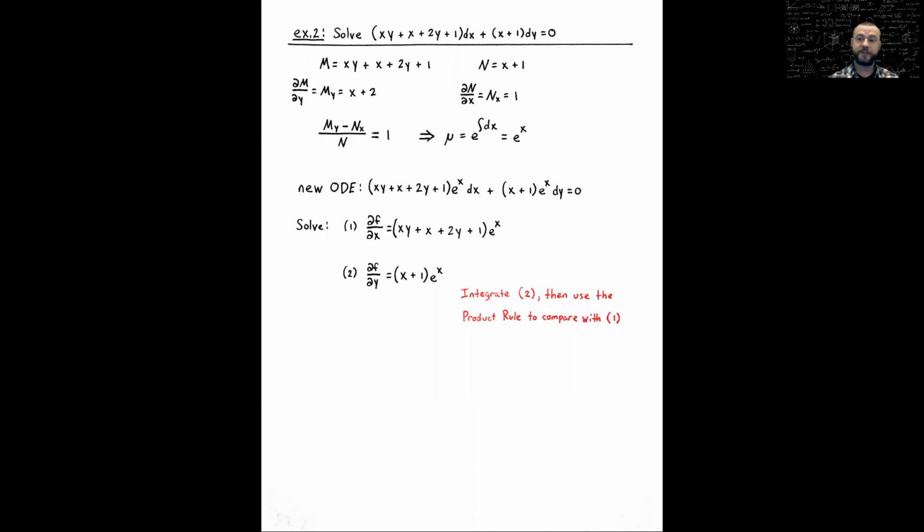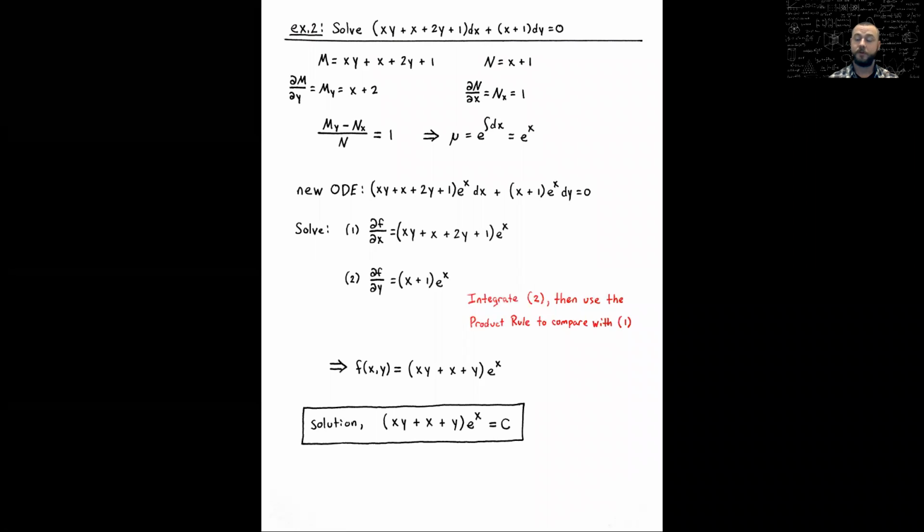Now, if you go through and solve these two equations correctly, there's a good amount of work, but it's more or less being careful implementing the product rule correctly. You should get your function of x and y as this. And that is our solution for example number 2.